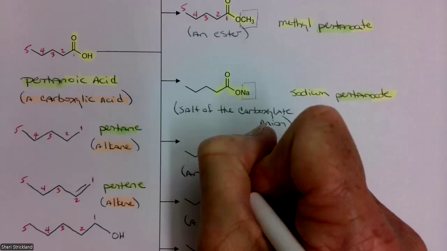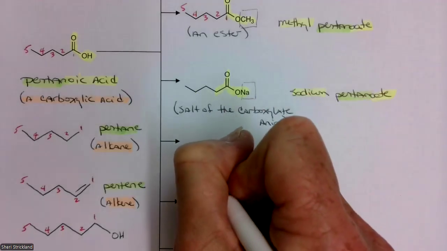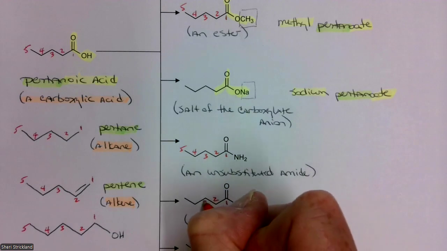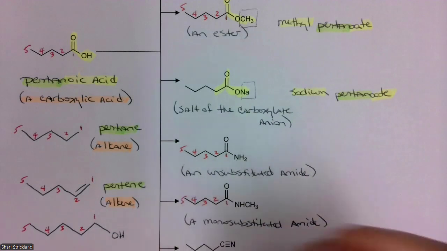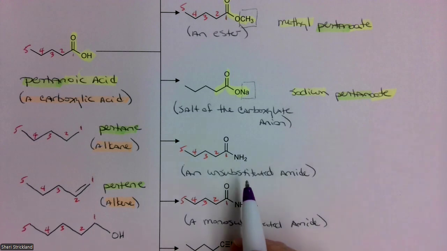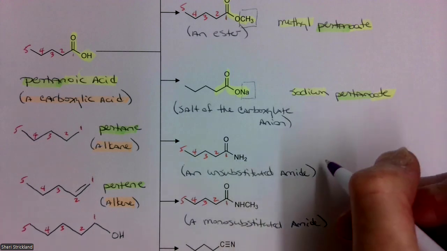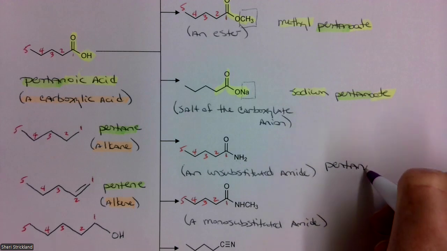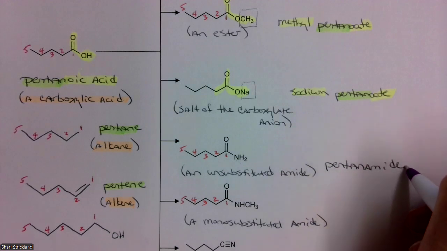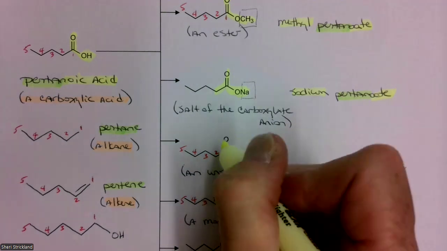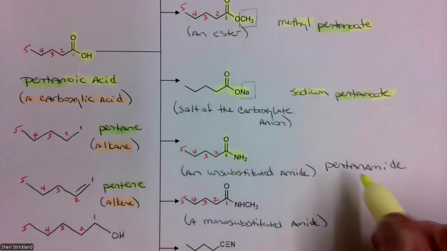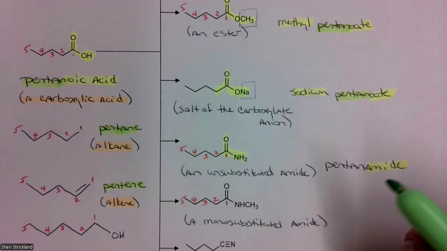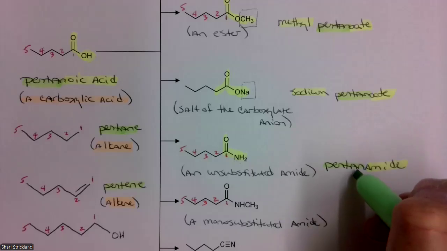So count the carbons. And so this one here is called pentanamide. Okay, so make sure that you see that you have to keep that final AN of the parent name.